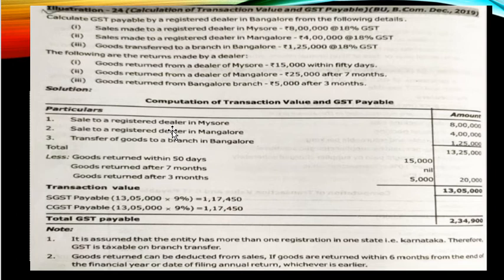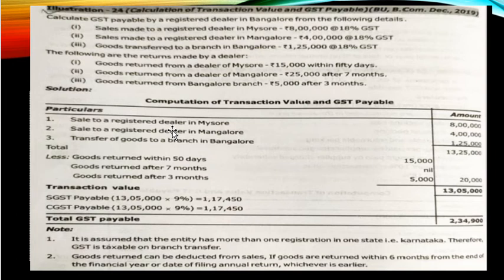Now, goods returned from dealer of Mysore within 50 days. Anything which is returned within 6 months only can be considered for calculation. If it crosses 6 months, such returns will not be considered in the calculation.